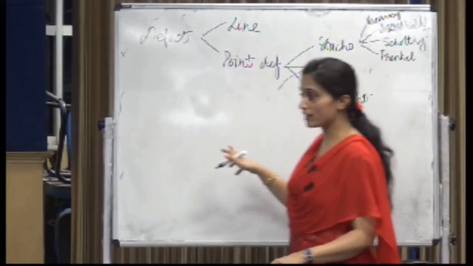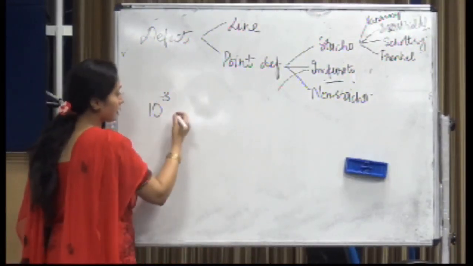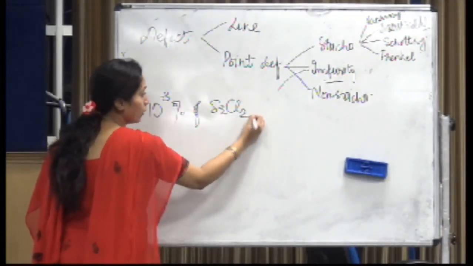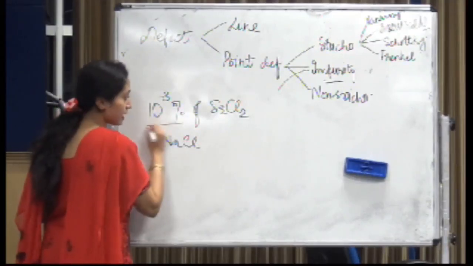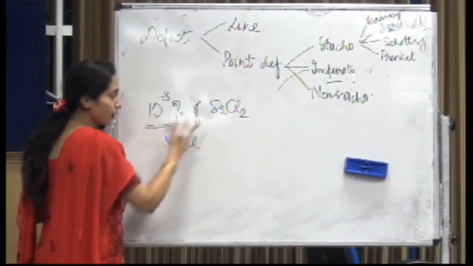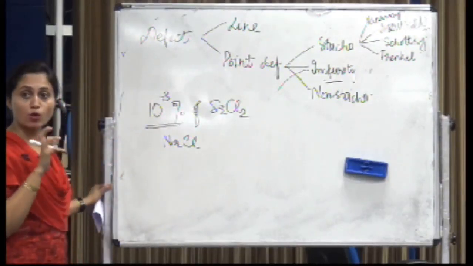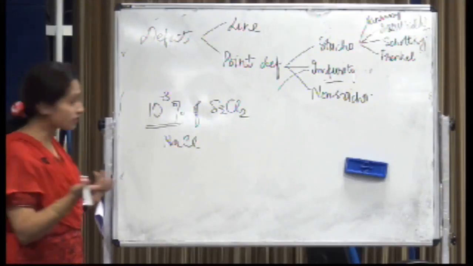Here you have a question also in your book. If you have 10 to the power minus 3% of SrCl2 present in NaCl, what is the amount of vacancy created? The answer is very simple.